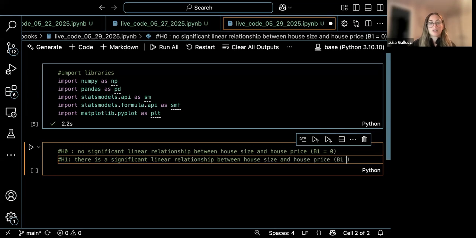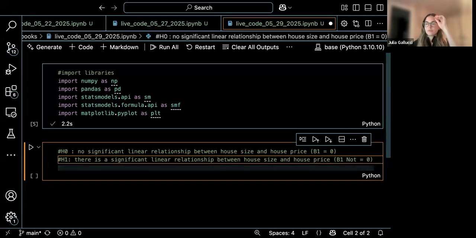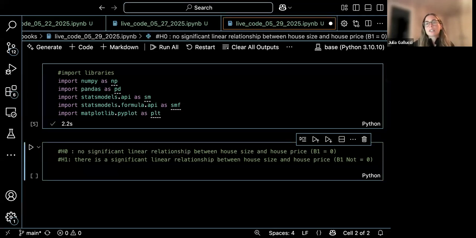In other words, beta 1 is not equal to 0. Okay, so with these hypotheses set, now we can test whether the slope coefficient, this beta coefficient, is once again significantly different from 0. And this helps us determine whether there is a meaningful relationship between house size and house price.